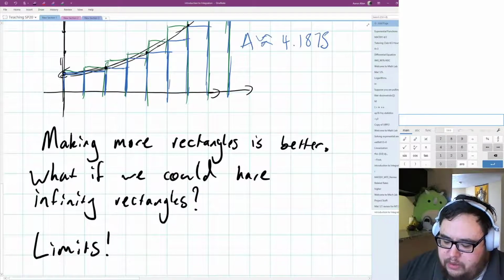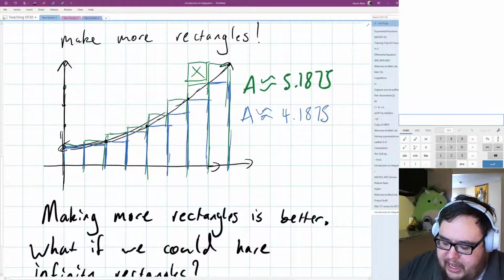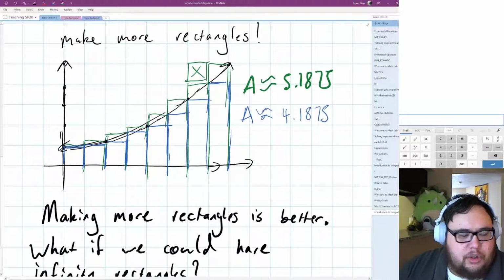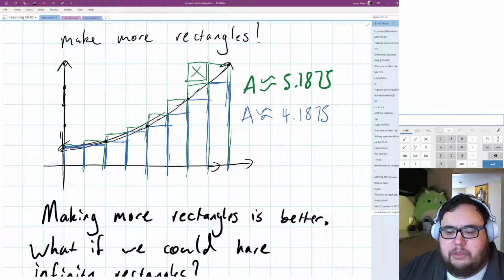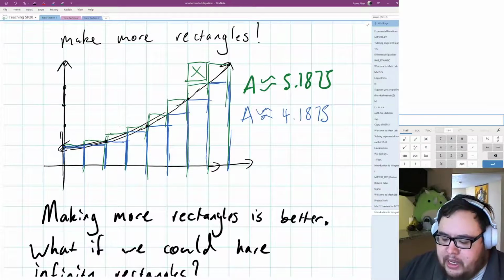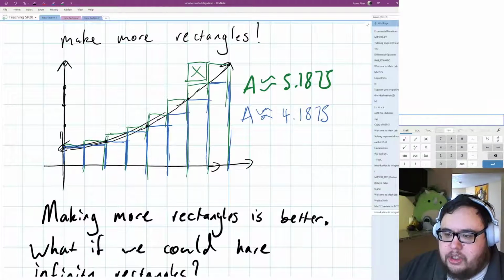The way I think of this is that as we get more and more rectangles, it's like our image becomes higher and higher resolution. The pixels that make up the interpolation between the line get smaller and smaller until it looks more and more like a straight line, or like the actual curve, right? So the more rectangles that we use, the closer to reality we're at.